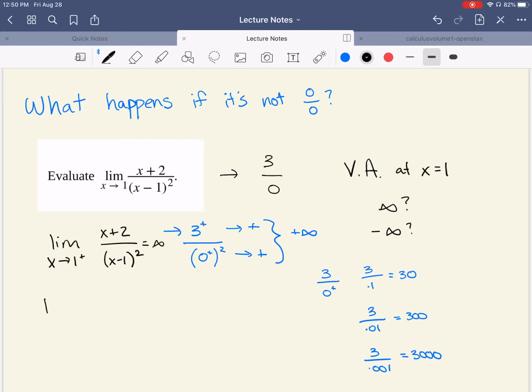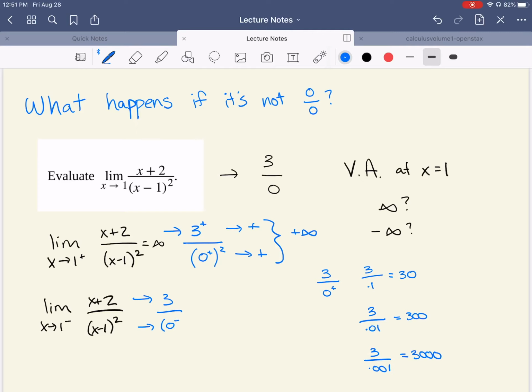What about from the left? So in this case, the numerator is still going to 3, right? And then in the denominator, when we plug in values that are slightly smaller than 1, like 0.9, 0.99, we see that that's approaching 0 from the left.